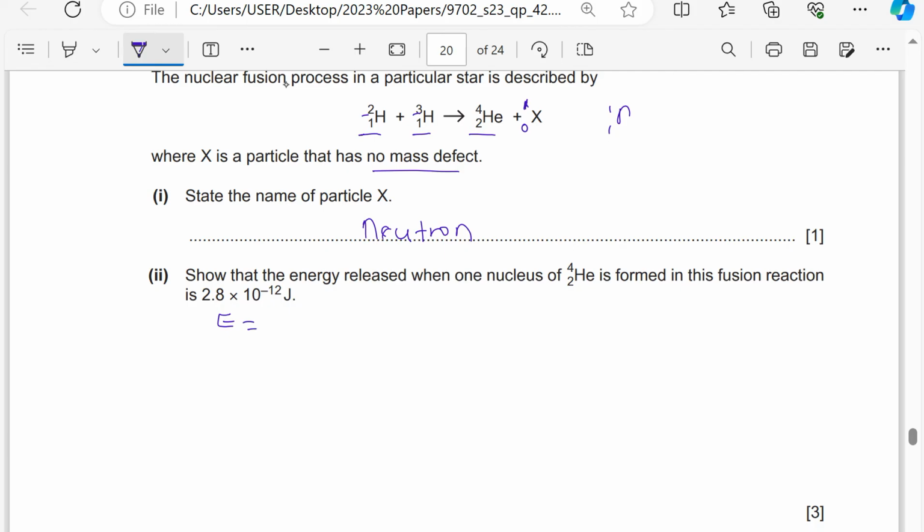First of all, we know that energy is given by mass defect times c squared. We first find the mass defect.